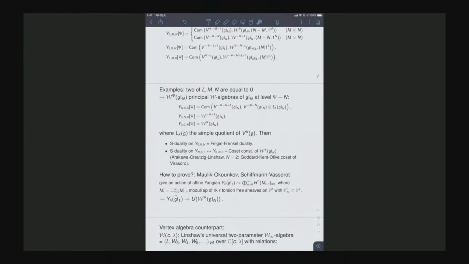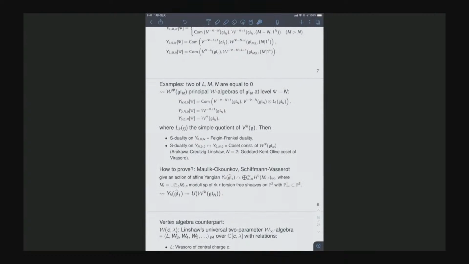And so consider S-duality on Y_00N. S-duality exchanges the first and second subscripts, but this is a self-duality. But psi has been changed, and this gives the Feigin-Frenkel duality. And S-duality between changing N and 0 gives an isomorphism between the first and second one.